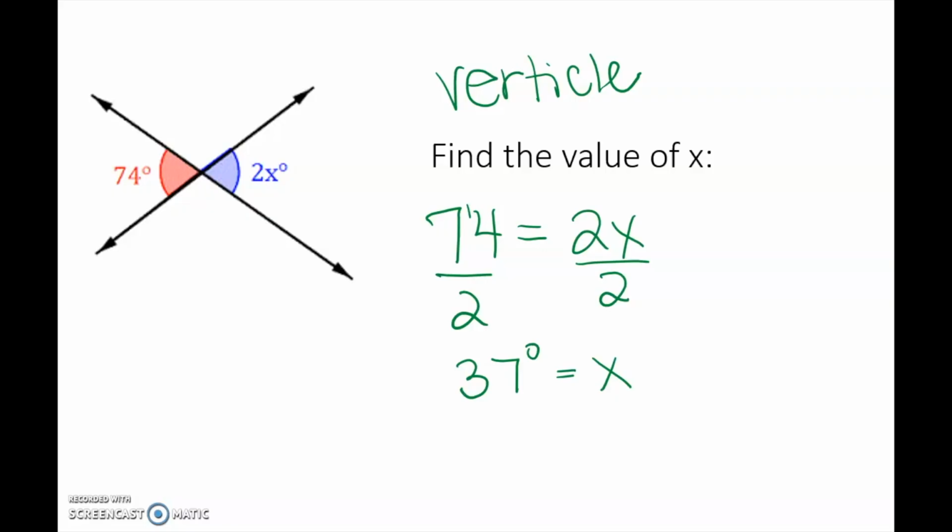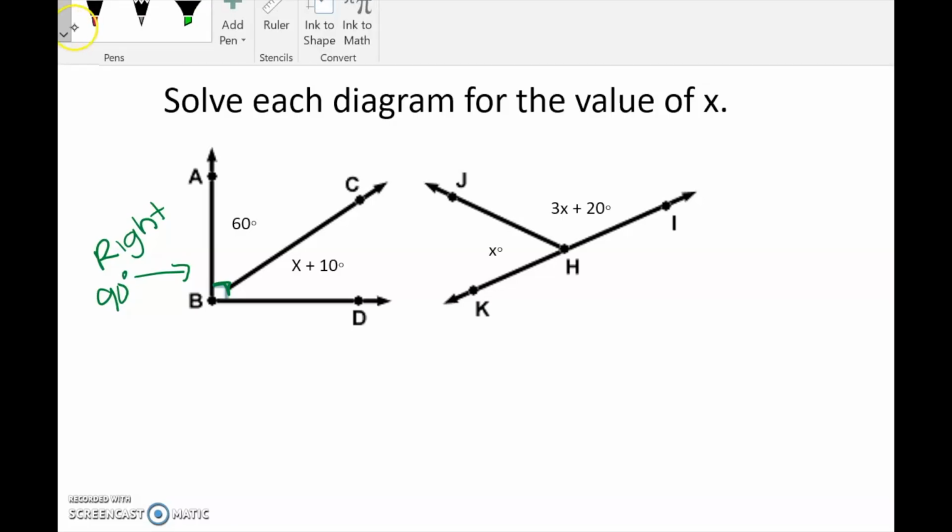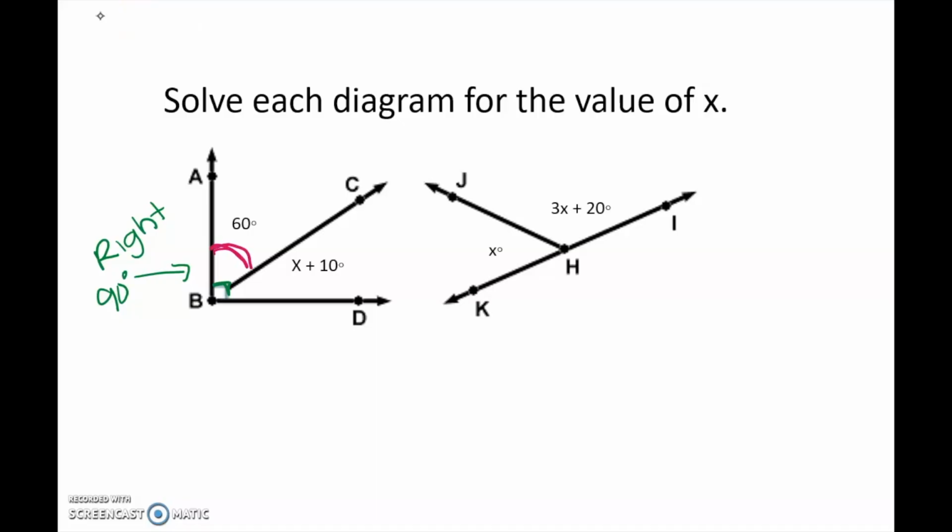Okay, let's try a few more of those. So we've got two diagrams here. A couple of things you want to notice. This little symbol right here is our right angle symbol, and the right angle symbol means 90 degrees. So this is telling me that this piece here is 60 and this part over here is x plus 10.